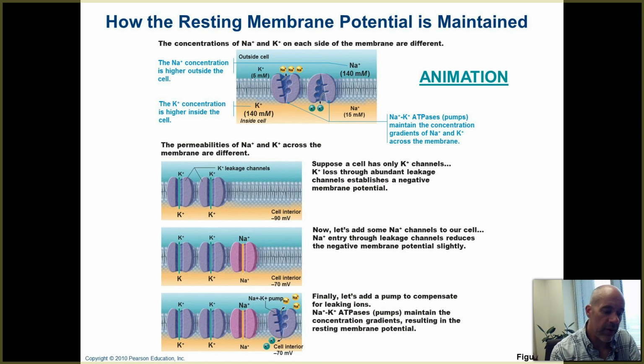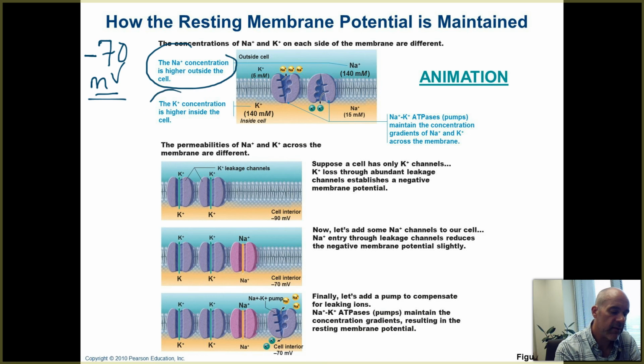All right, so in order to keep our resting membrane potential at this value, minus 70 millivolts, we need to make sure we keep the sodium concentration higher outside the cell and the potassium concentration higher inside the cell. Those are the two key things. And again, I know both of those are positively charged, so that can seem a little counter to what we're talking about, the outside being more positive than the inside.